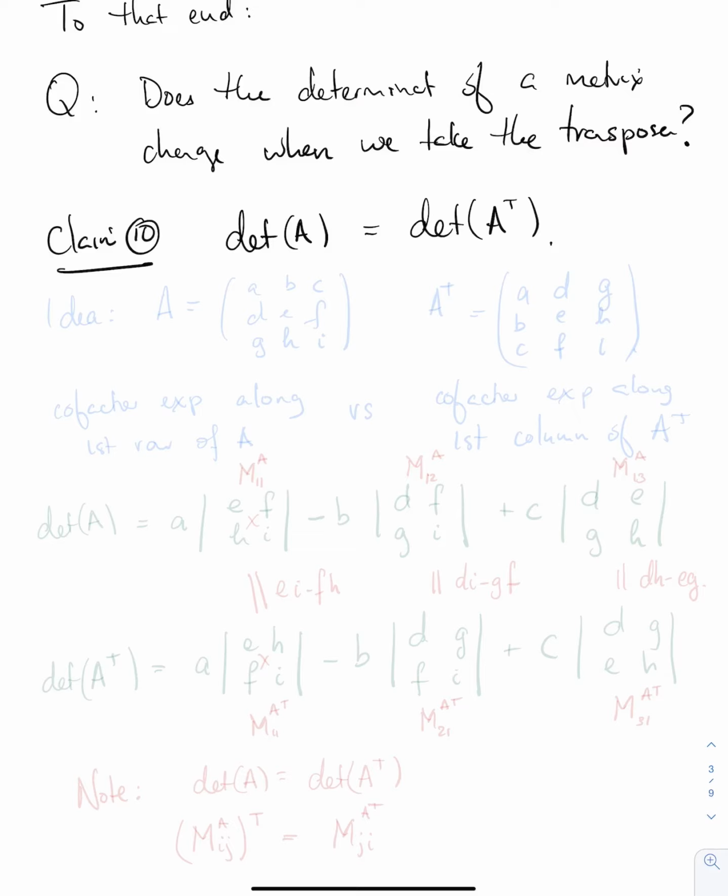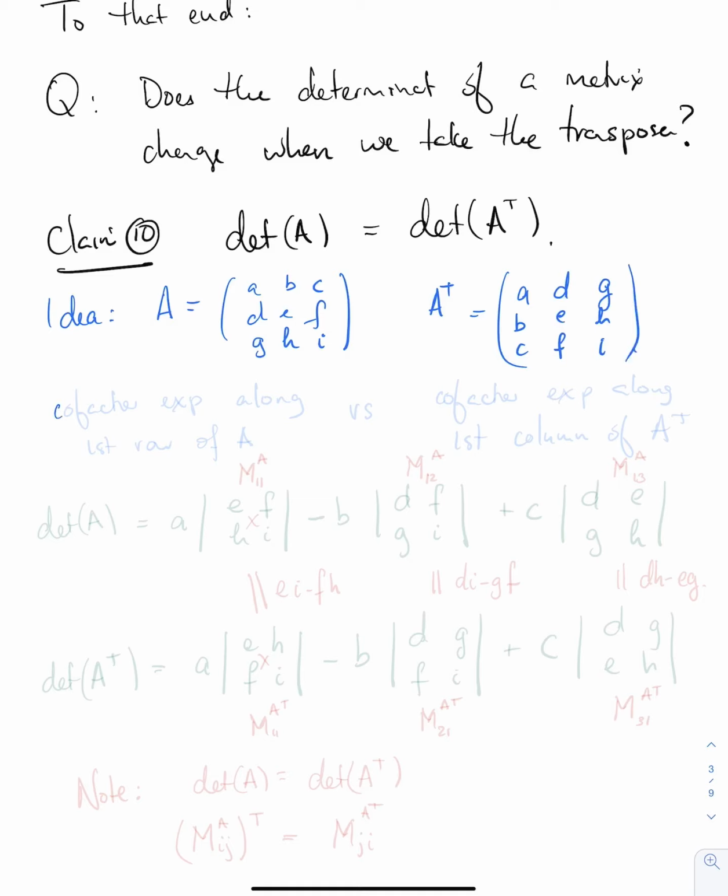Before we prove this, let's explore the idea. If I have a matrix A, B, C, D, E, F, G, H, I, and I compare it to its transpose, going up from the top to the bottom, A, B, C, D, E, F, G, H, I, I can find the determinants of these matrices.